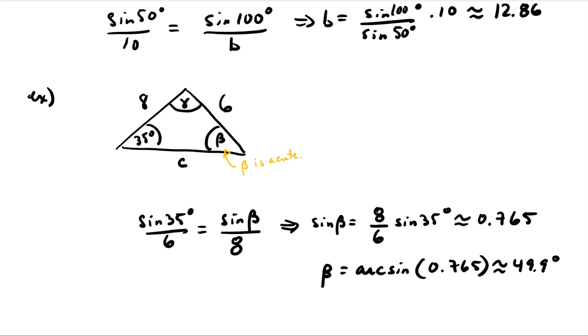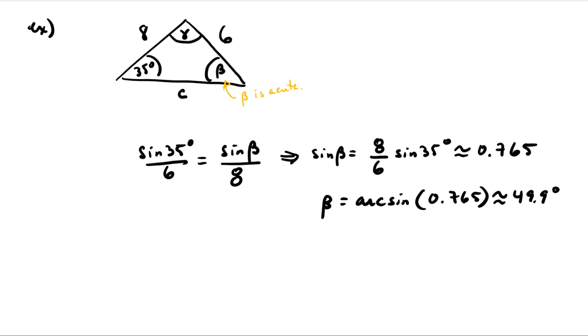Once I have beta, I can easily recover gamma, which is going to be 180 degrees minus 35 degrees minus 49.9 degrees. That's going to give me 95.1 degrees. Maybe I should write approximately, because beta is approximate.